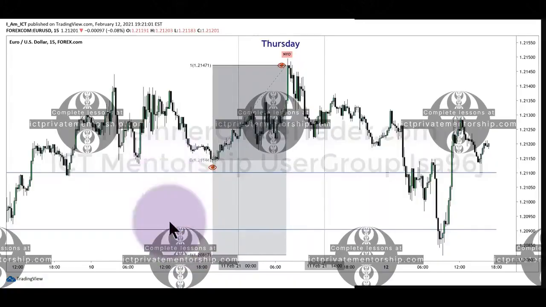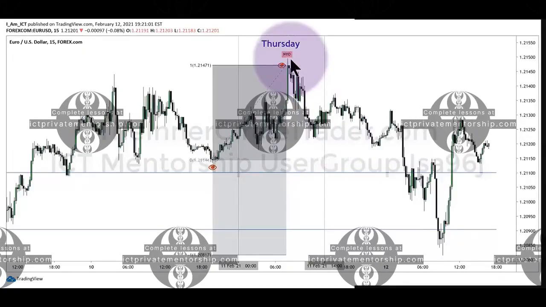That's what these levels are here. When we drop down from this high at Thursday New York Open, we sell off and we go over the 0.3 level, which would be 30% of the range that I measured from that daily order block up to this high.